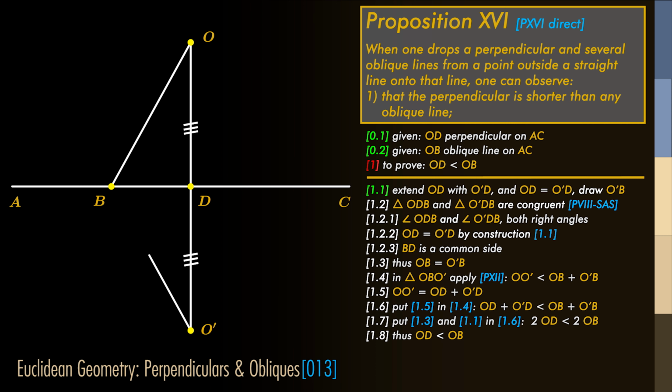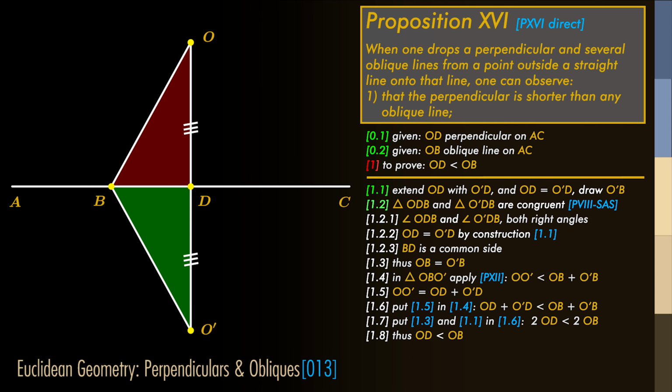Now draw the segment O'B. Observe the two triangles that have been formed, triangle ODB and O'DB. They are congruent, and this can be proven applying the SAS case of congruency.